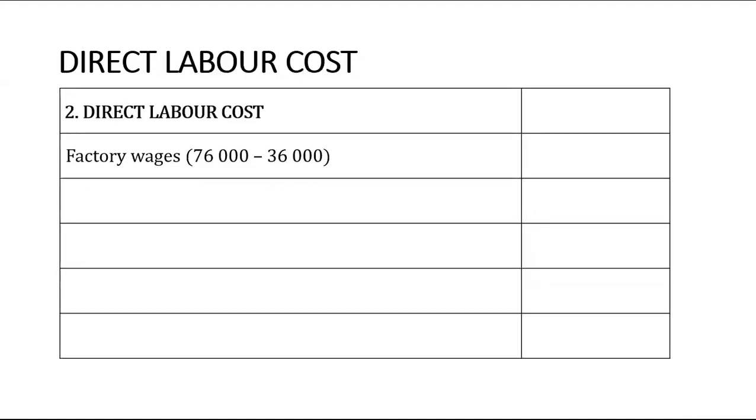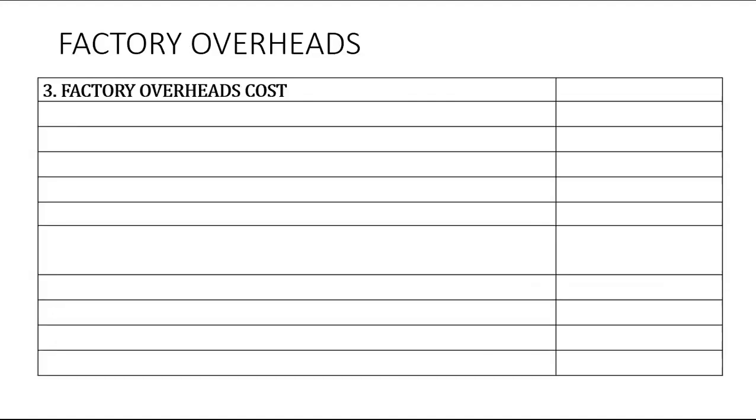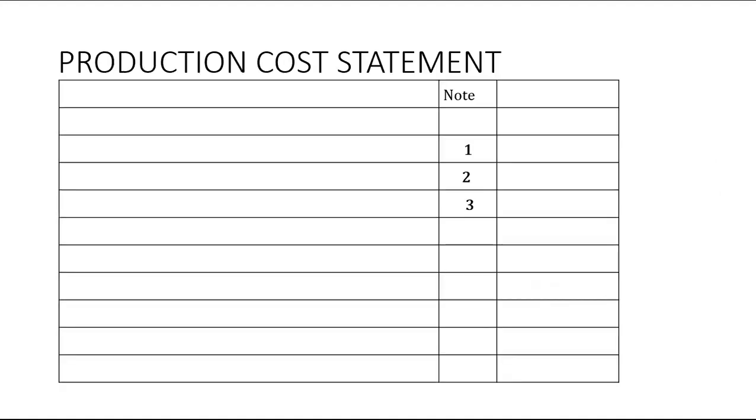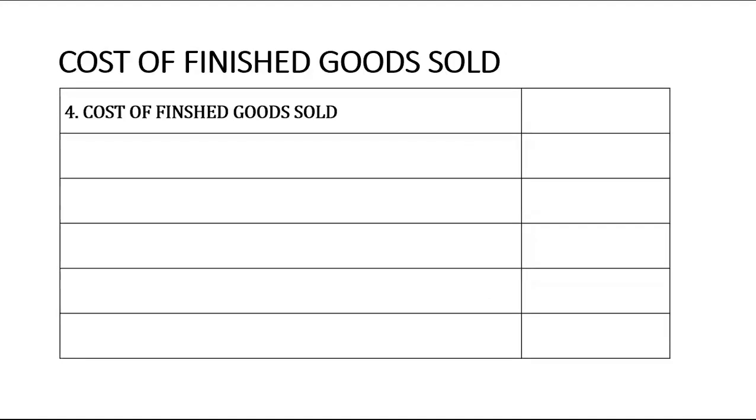Direct labor note. Factory overheads note. And your production cost statement. I need to include cost of sales as well. Okay, you can actually use those notes to prepare those three, right?